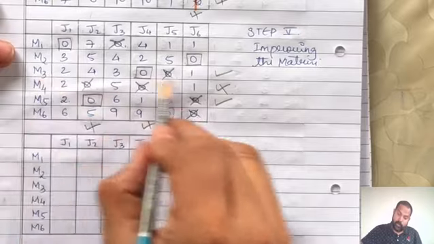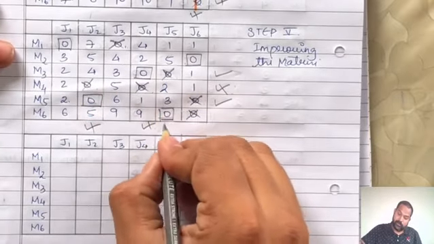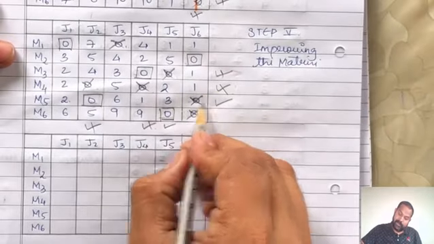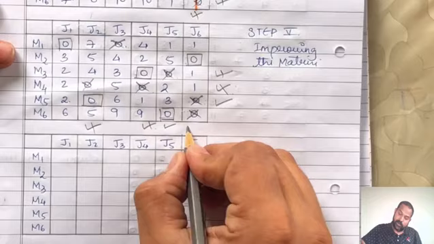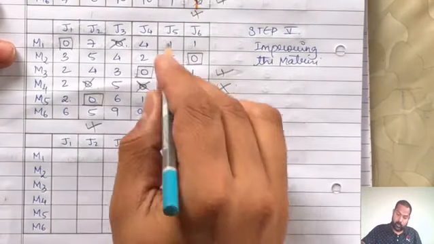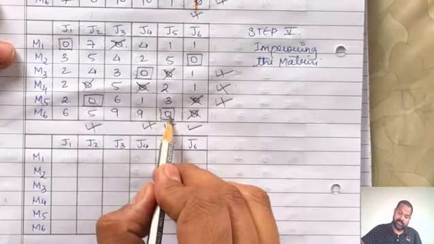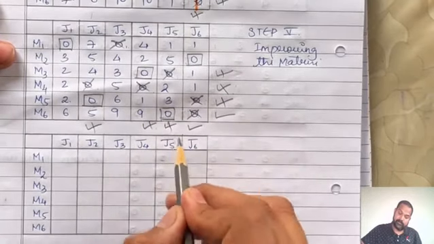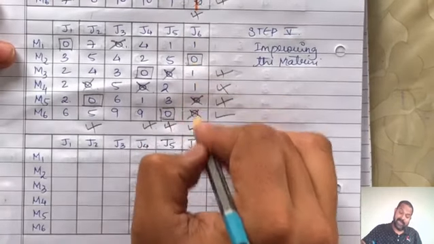In the marked row, mark a column that has a zero. Well, there is a zero here. Mark it then. In the marked column, mark a row that has an assignment.